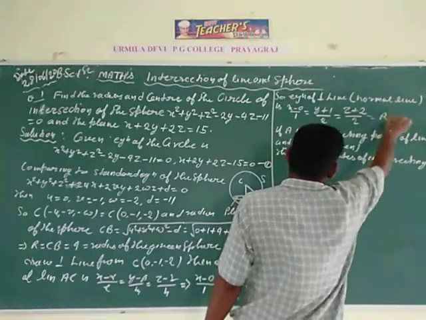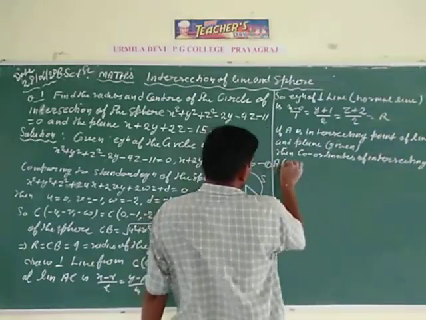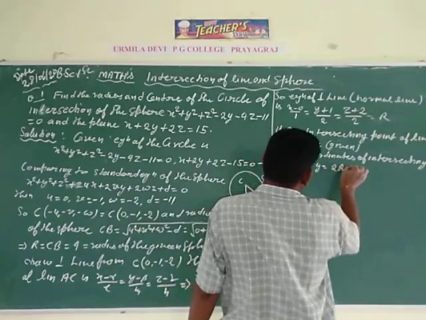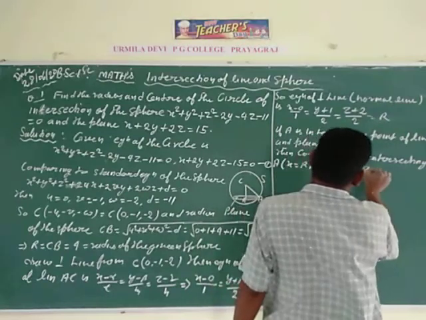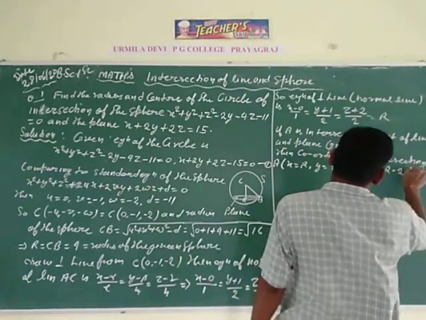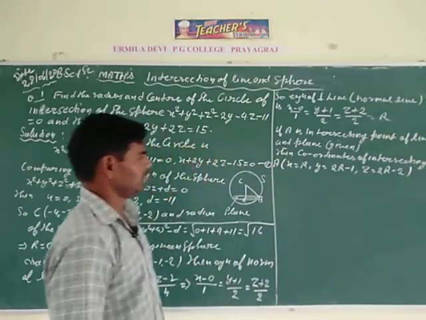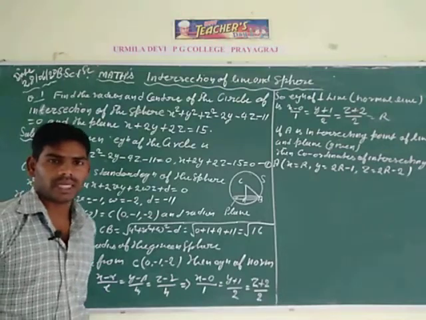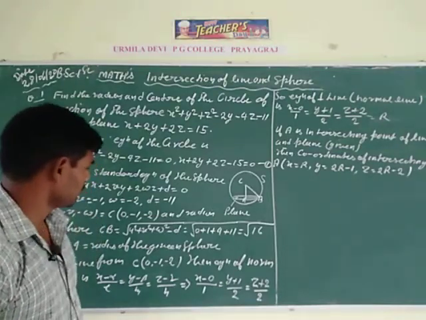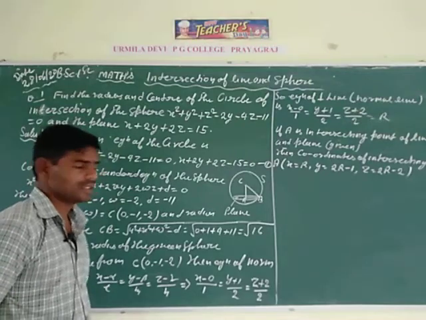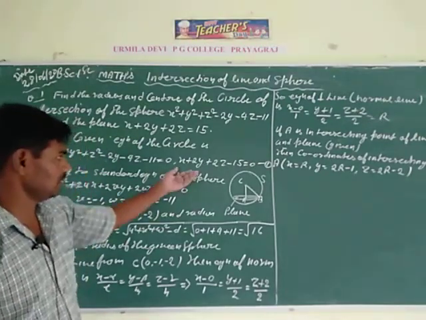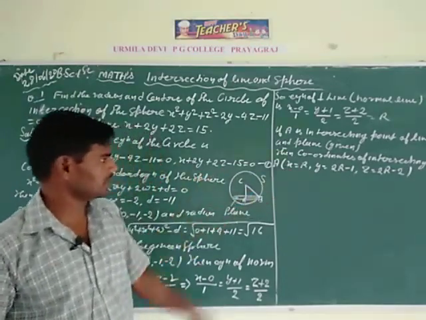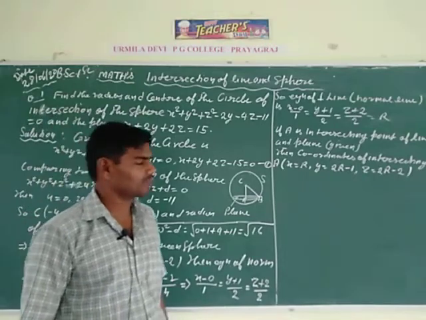Suppose that is equal to r. So the coordinates of point capital A are x equal to r, y equal to 2r minus 1, and z equal to 2r minus 2. These are the coordinates of the intersecting point capital A. From the figure and the question, it's clear that point capital A lies on the intersecting plane x plus 2y plus 2z minus 15 is equal to 0. So here x is replaced by r, y is replaced by 2r minus 1, and z is replaced by 2r minus 2.